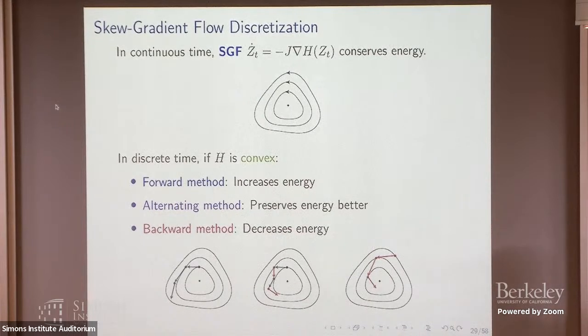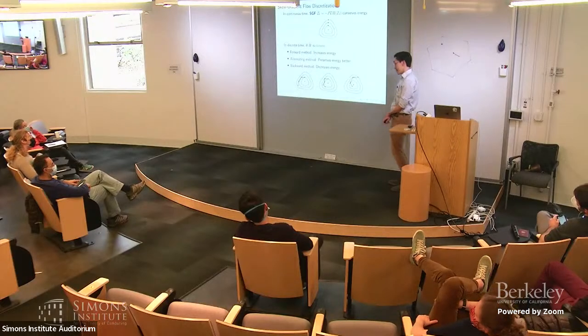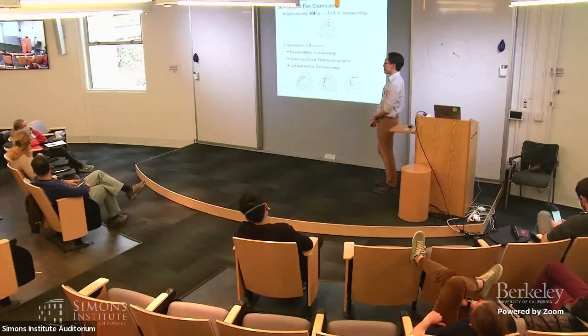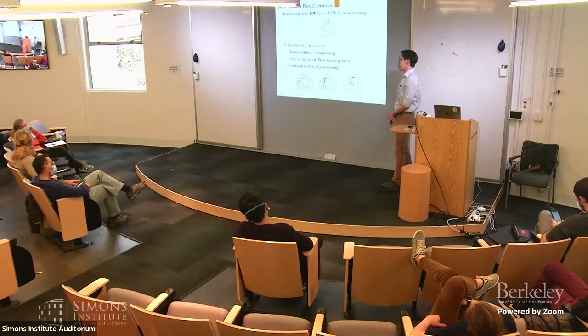So if the Jacobian was symplectic, then the alternating method is actually a symplectic operator, right? Yes. So we know that approximately it will preserve. It will follow the continuous dynamic.